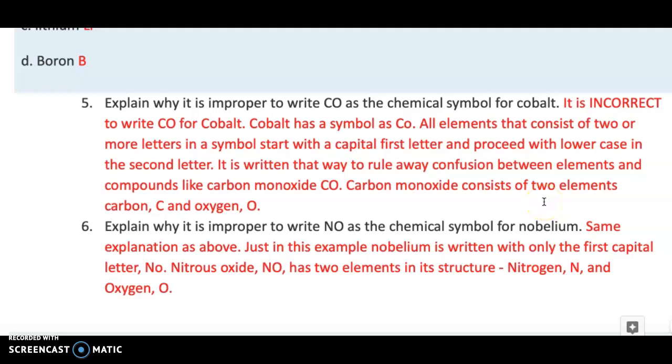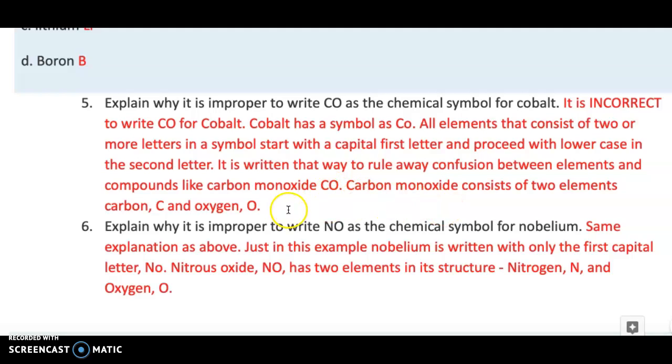It is incorrect to write it that way because cobalt as an element has a symbol C as a capital letter and o lowercase. We know that element symbols consist of only one capital letter and the rest are lowercase. Because if you look at CO, this is a completely different substance and it's called carbon monoxide.